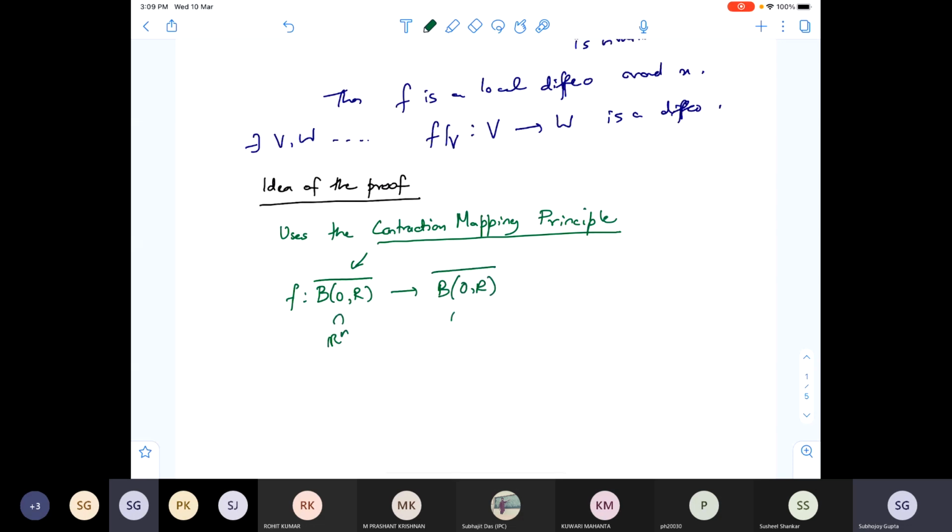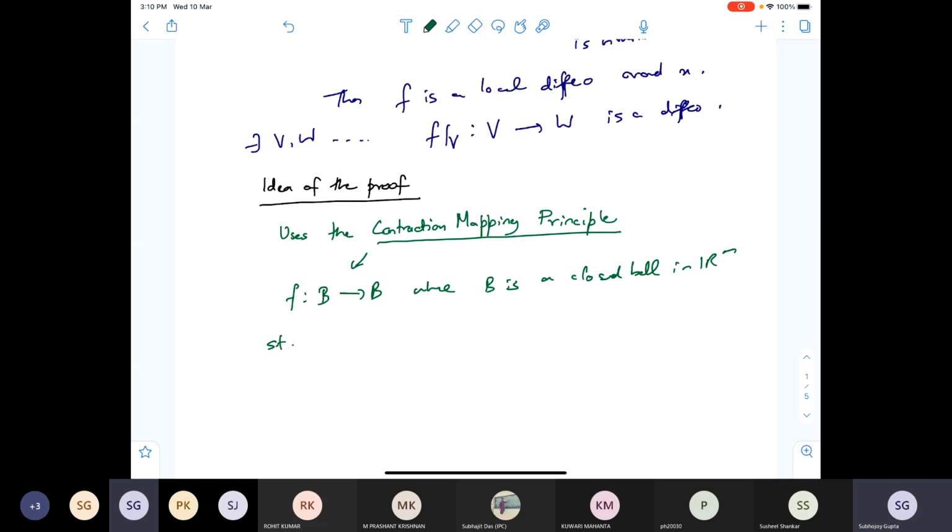So this is an Rn. Let me call that ball B instead. B to B, where B is a closed ball in Rn, and such that it's contracting.